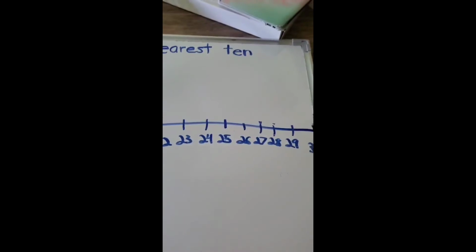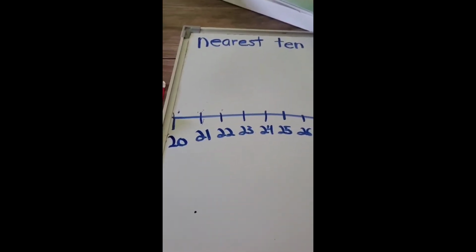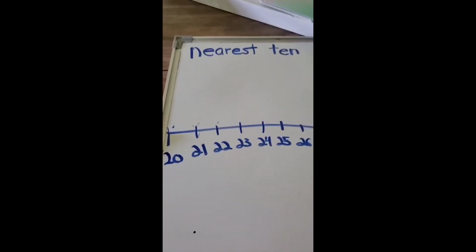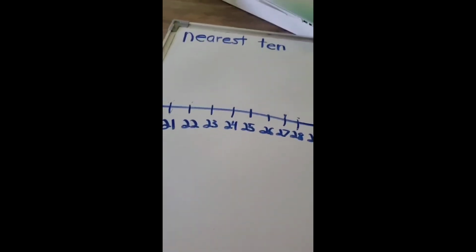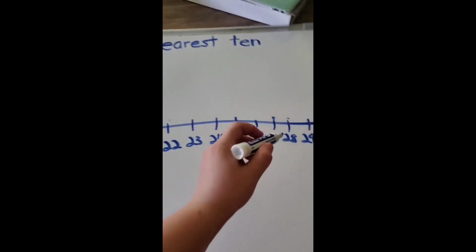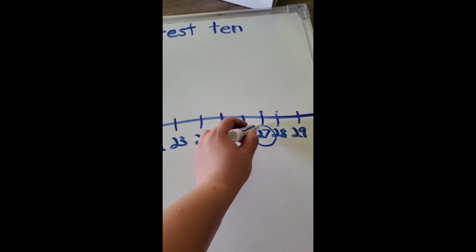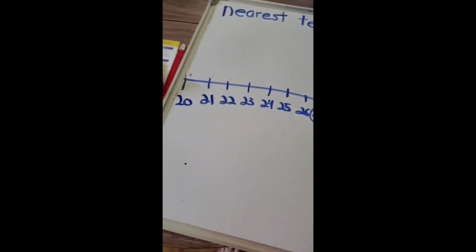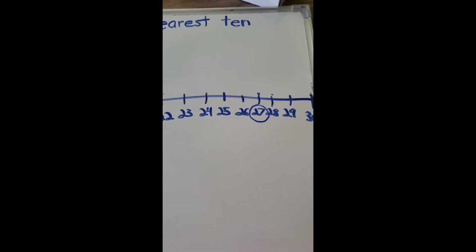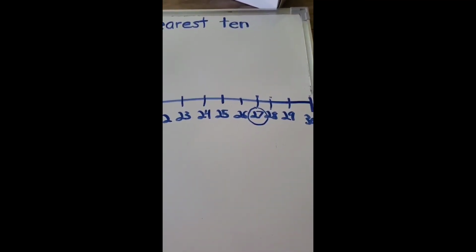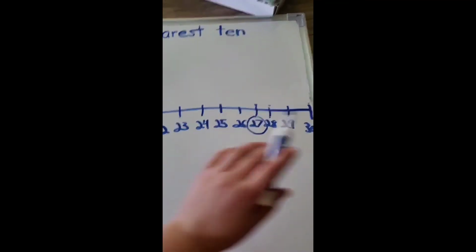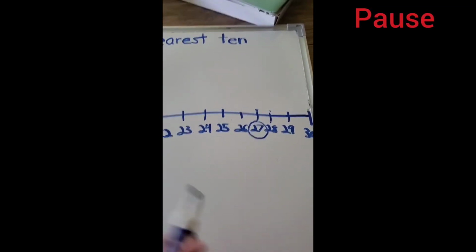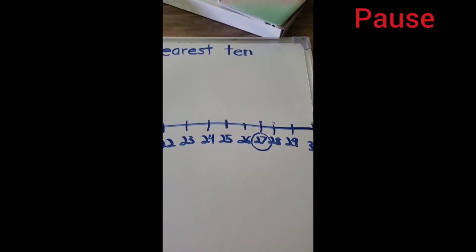And you need to count the hops, just like how I did, okay? The number I'm going to pick is 27 right there. I'm going to circle it for you. So now you count to see which is the nearest 10 to 27, either 20 or 30. Okay, so pause the video and find that out right now.